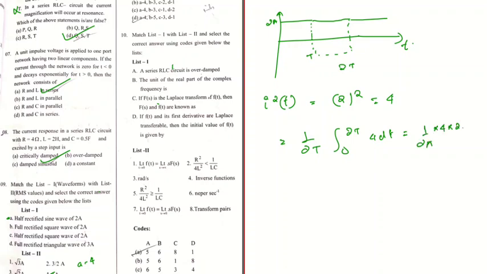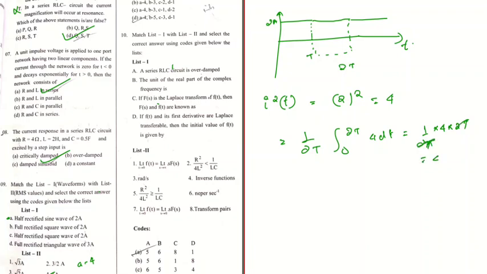Now taking the square of it, i square t equals 2 square, because it is 2 always, so that is 4. Taking the mean of it, I get 1 by 2t integral 0 to 2t of 4 dt, which is equal to 1 by 2t into 4 into 2t.